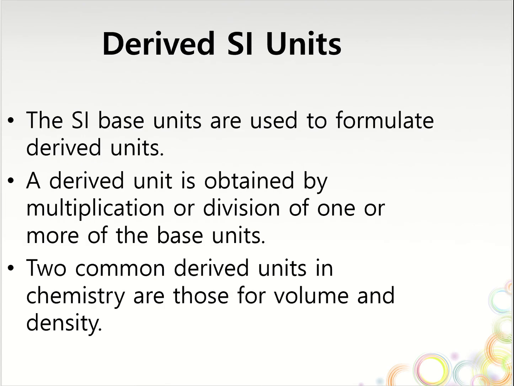Now, there are some SI units that are derived. In other words, they are a combination of more than one unit. The SI base units are used to formulate derived units. A derived unit is obtained by multiplication or division of one or more of the base units, right?